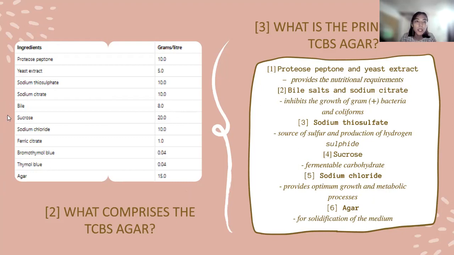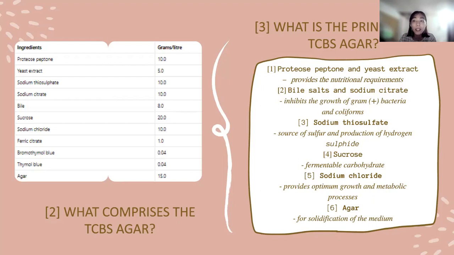Here in the list we have a series of ingredients, ranked in terms of grams per liter. Number one is sucrose, which accounts for 20 grams per liter. As you can see, sucrose is the major ingredient of this type of agar.